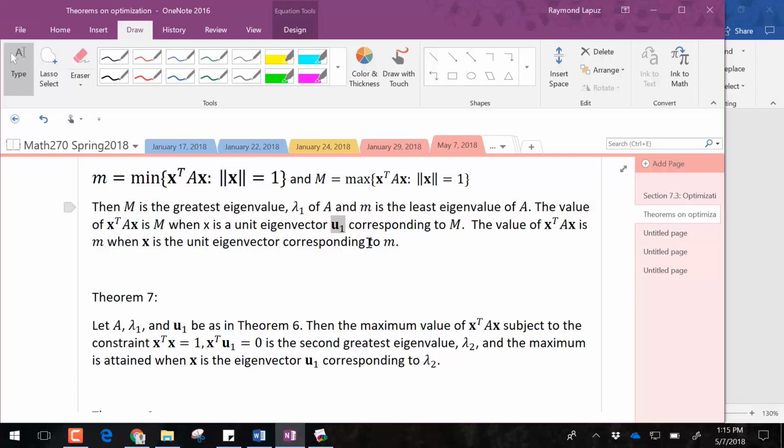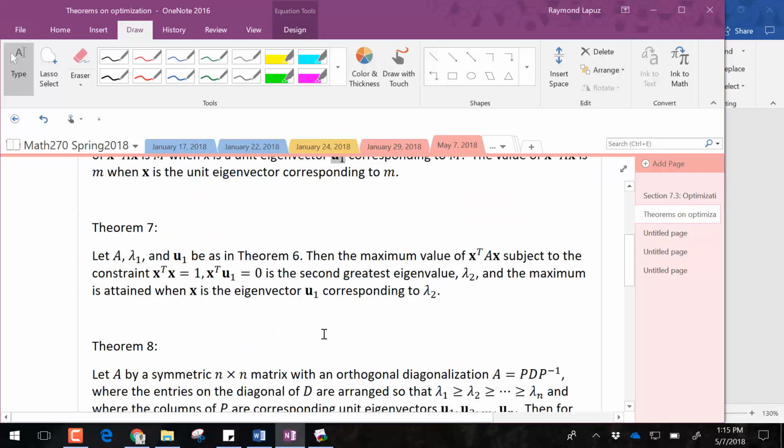So Theorem 7 takes it into the next step here. It says if A, lambda 1, and u1 are exactly what's said in the theorem, where A is a symmetric matrix, lambda 1 is your maximum eigenvalue, and u1 is your eigenvector corresponding to that eigenvalue.